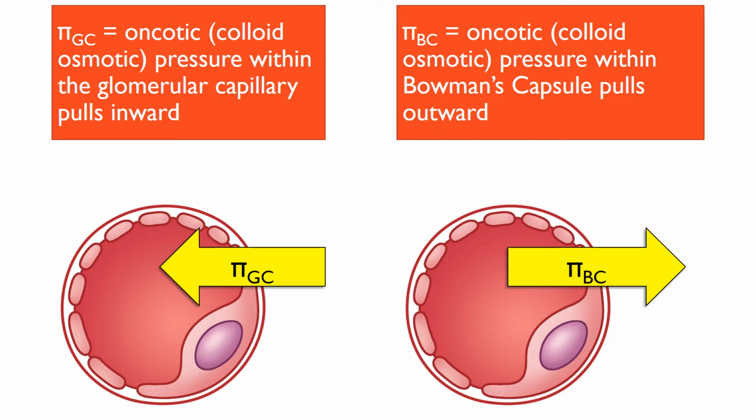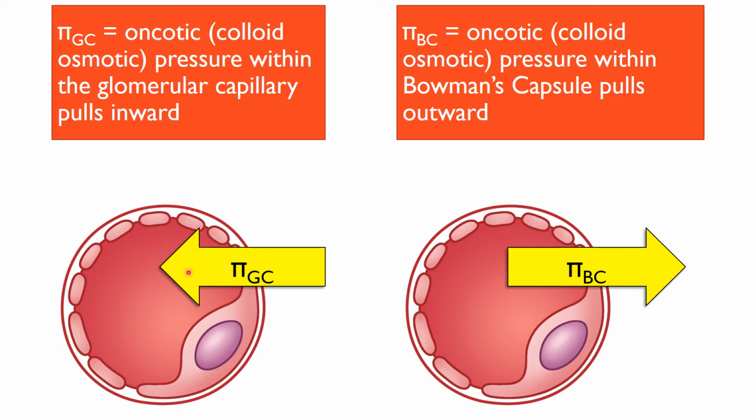Now, the next Starling force to take into consideration is the oncotic pressure, or oncotic, you can interchange the phrase colloid osmotic pressure. And the oncotic pressure is denoted by the symbol pi, and then oncotic pressure within the glomerular capillary is the GC. And oncotic pressure is the result of exertion of the kind of the pulling presence of proteins.